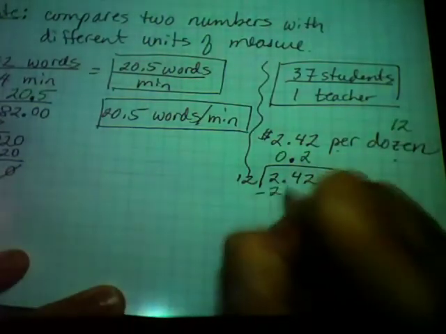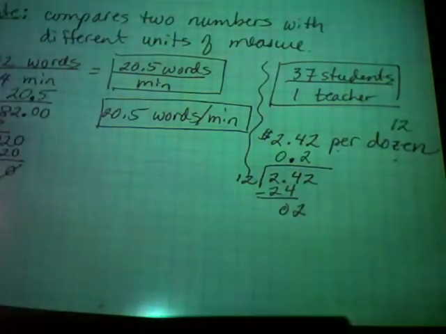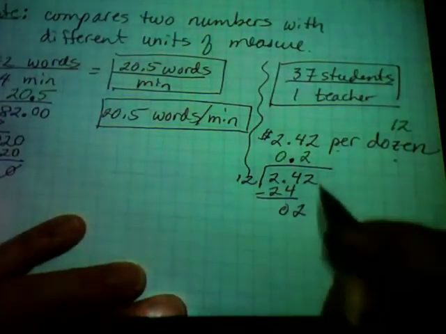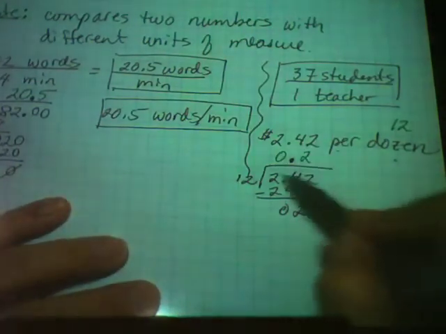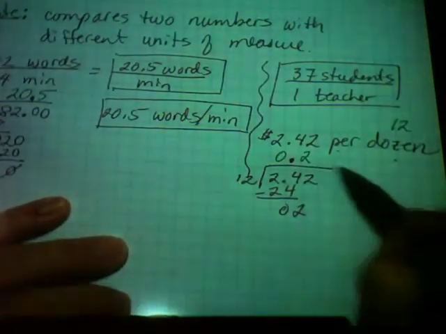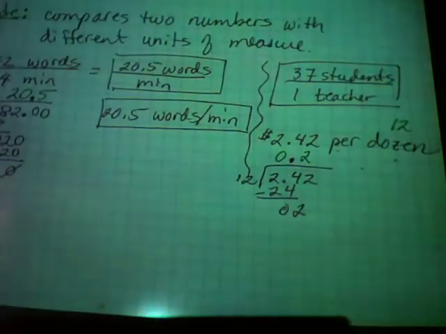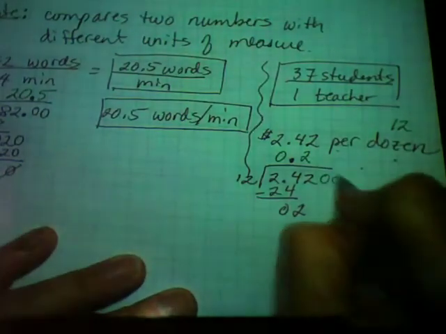So subtract 24. I get 0. Bring down the 2. Does 12 go into 2? No. And bear in mind, isn't this going to be cents? I have to go out to at least 3 decimal places because I need to know whether it rounds up or stays the same. So I am going to add a 0 or 2.